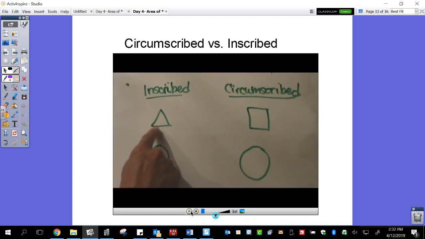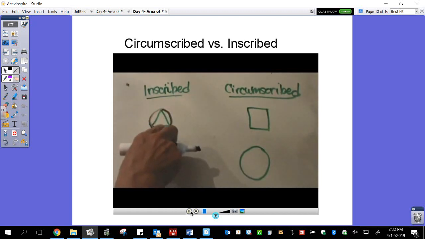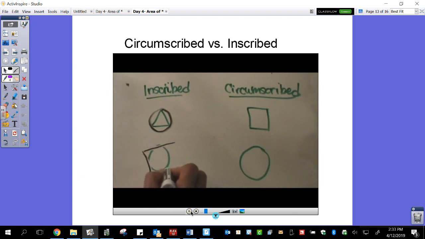Okay, first inscribed. We have a triangle and we're going to have it inscribed in a circle. So I'm going to draw the circle around it. So we say this triangle is inscribed in a circle. Now, what if the circle is inscribed in a polygon? Well, that just means it's going to be on the inside. So let me draw a quadrilateral, but it could be any shape.